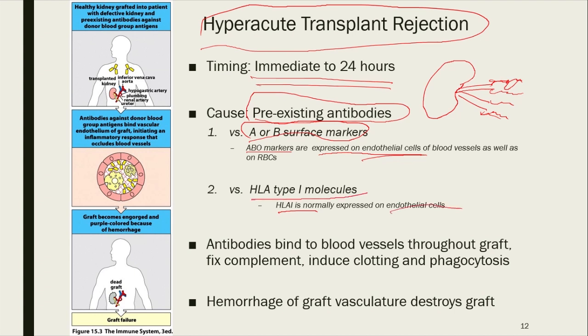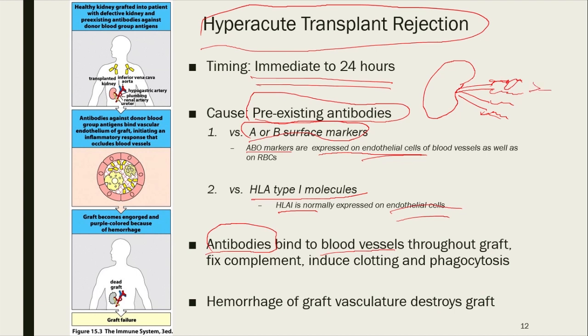Okay, these are also expressed on endothelial cells, and they can also generate this immune attack response. What happens is that there is existing antibody that binds to these blood vessels throughout the graft.